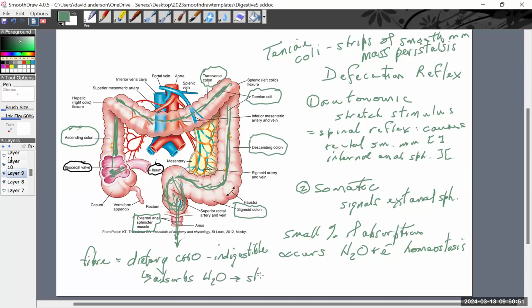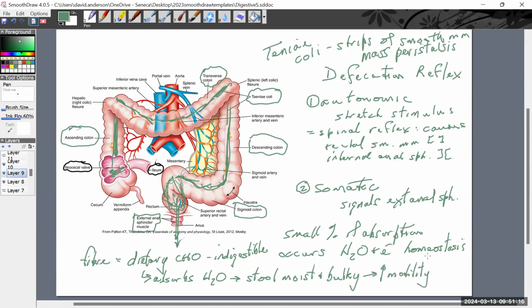So it keeps the stool moist and bulky. It's too early in the morning for this kind of conversation, but we like our stool to be bulky and moist because that's going to increase motility.